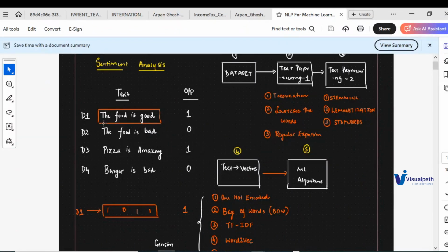These are the 3 or 4 sentences, or 4 documents, I can say. I have food is good, food is bad, pizza is amazing and stuff like that, right? And there's a sentiment analysis, but my objective is not the sentiment analysis. My objective is how, in the pre-LLM era, these words were converted into vectors or numbers. And this comes up in interviews, that's why we are teaching you.